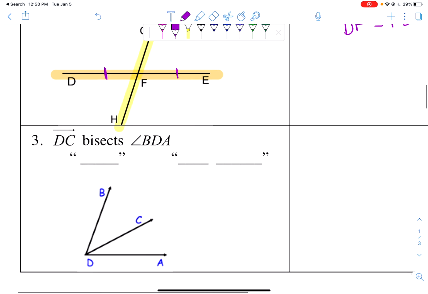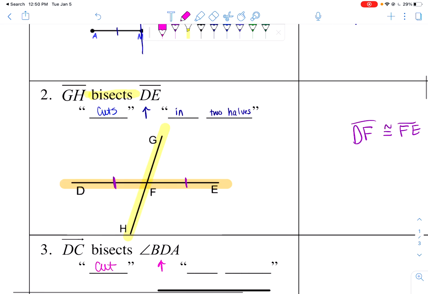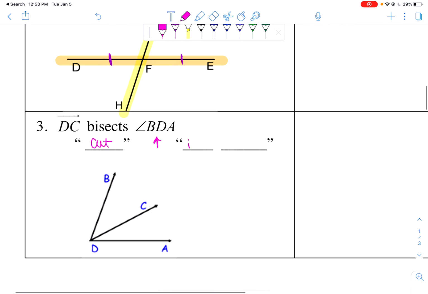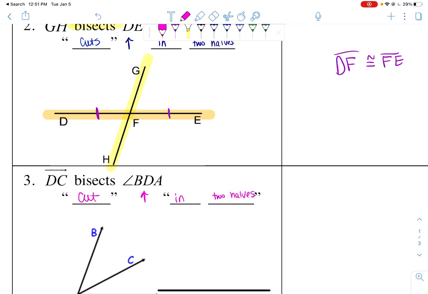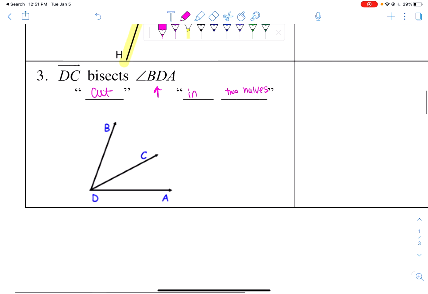Our next example. Ray DC bisects angle BDA. So again, whenever you see the word bisect, I want you to say that means the word cut. So I'm cutting angle BDA into two equal halves. But here's what's nice about angles. We actually don't need to name them. What we can do is put numbers.